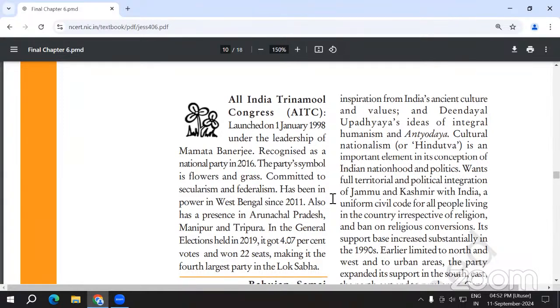So it gives importance to ancient culture and values.